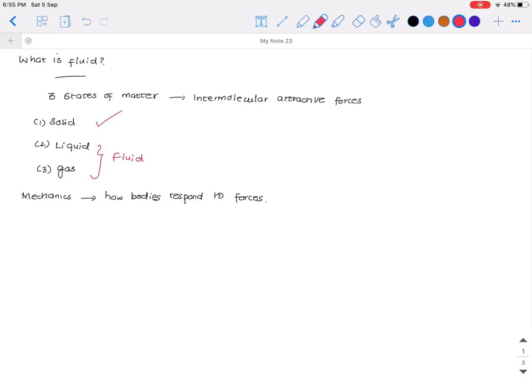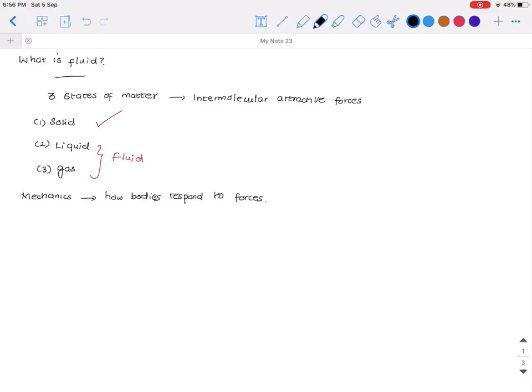Although liquids and gases are completely different in terms of their molecular construction units, the equations that govern their behavior are the same.